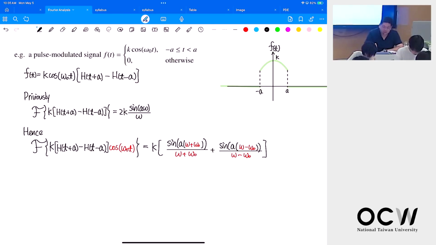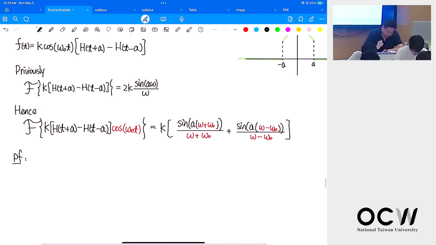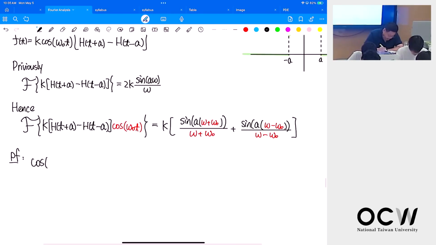We can express the cosine function using the Euler formula, rewriting it as complex exponentials. So cosine omega naught t equals 1/2 e to the i omega naught t plus e to the minus i omega naught t.